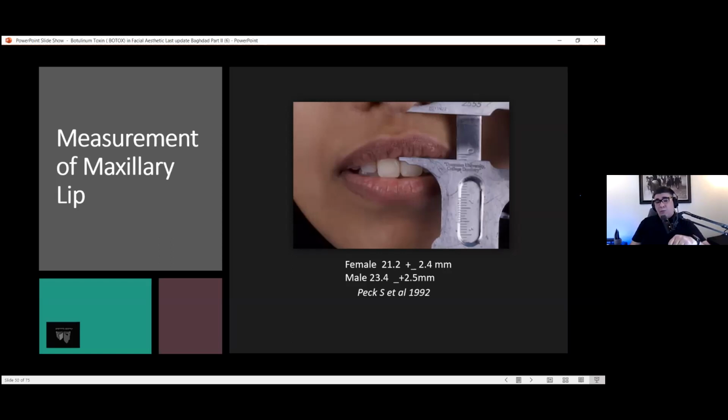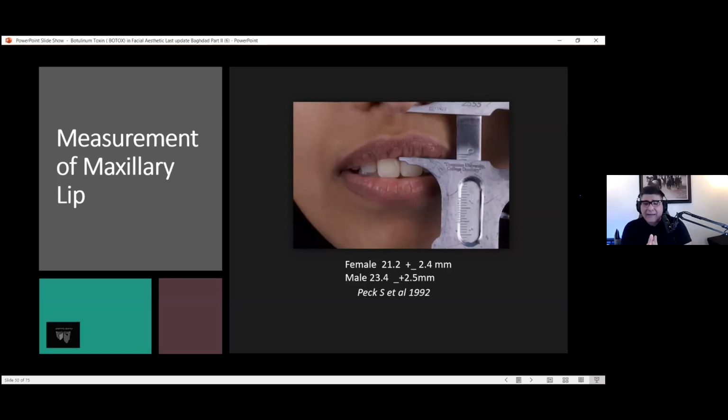Most of you use this kind of vernier, or some kind of roller. I prefer to use the vernier because the caliber has a pointed end. With the pointed end, you get the exact length of the upper lip, starting from subnasale, the base of the nose, to the lowest margin of the upper lip.